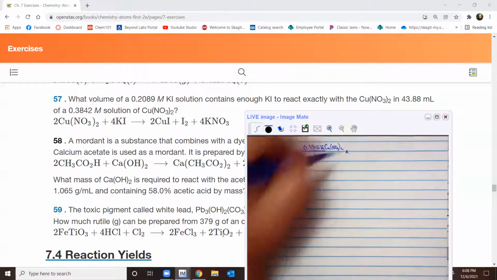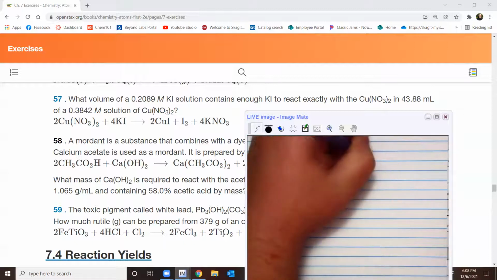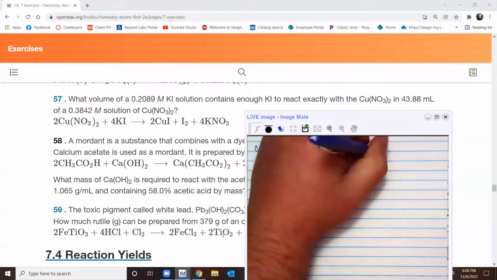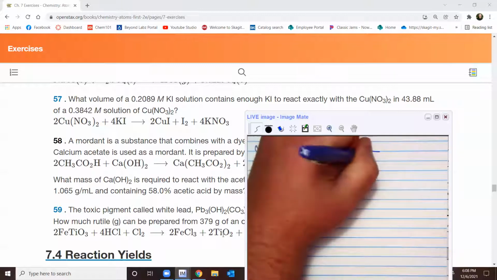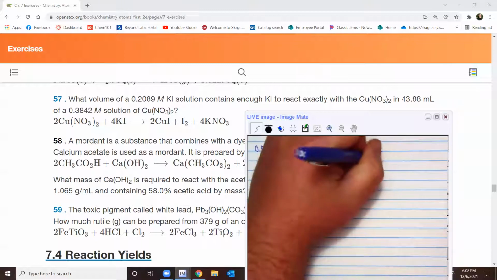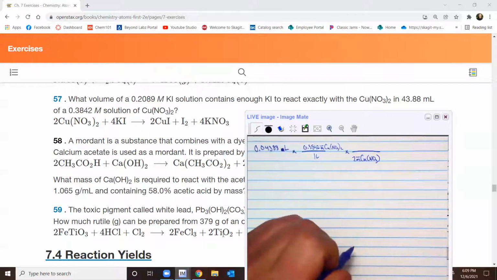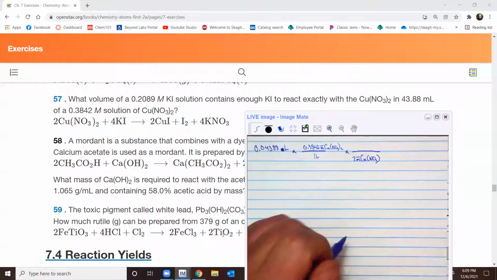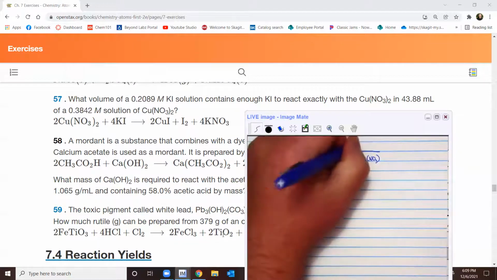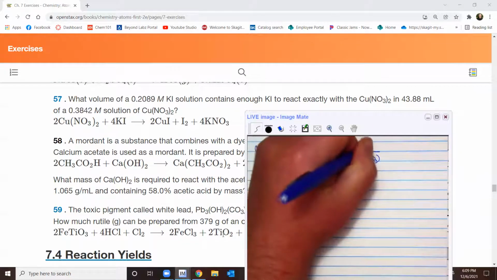Now, from our balanced chemical equation, we can see that for every 2 moles of copper 2 nitrate that we put into the reaction, we react with how many moles of potassium iodide? Four. Very good.